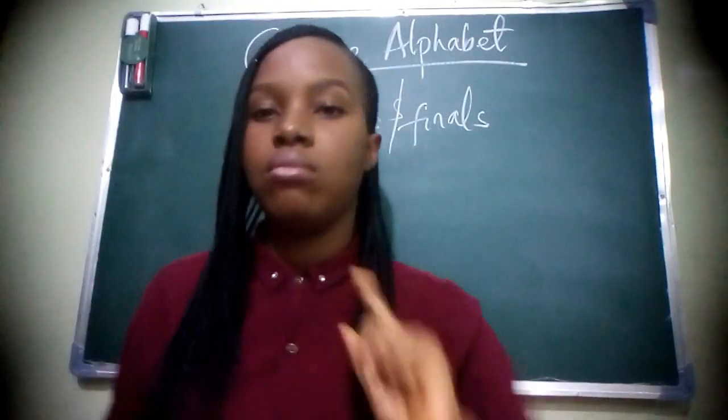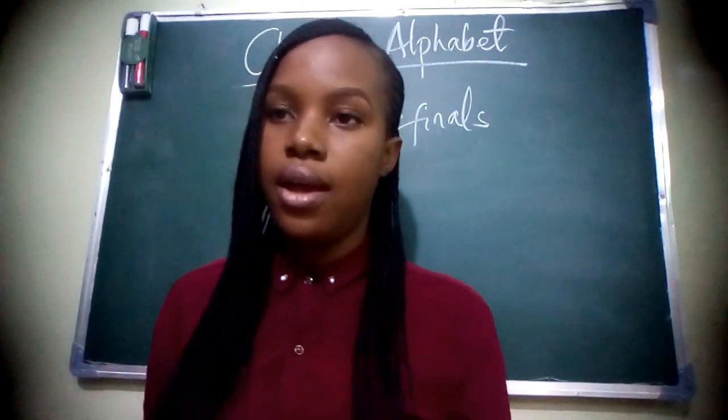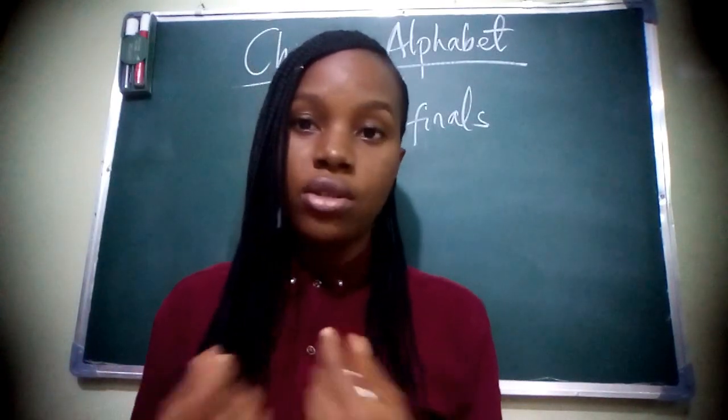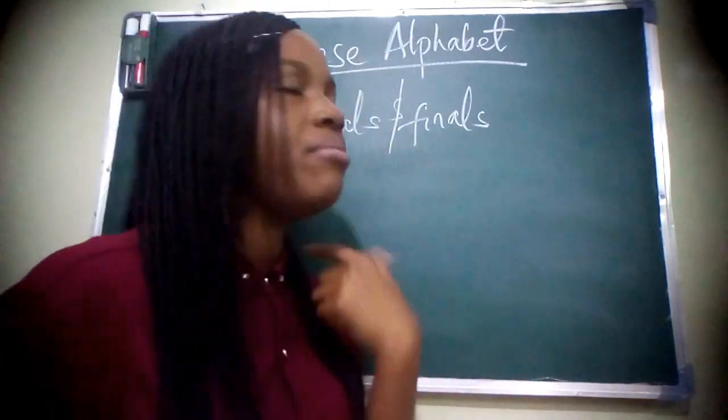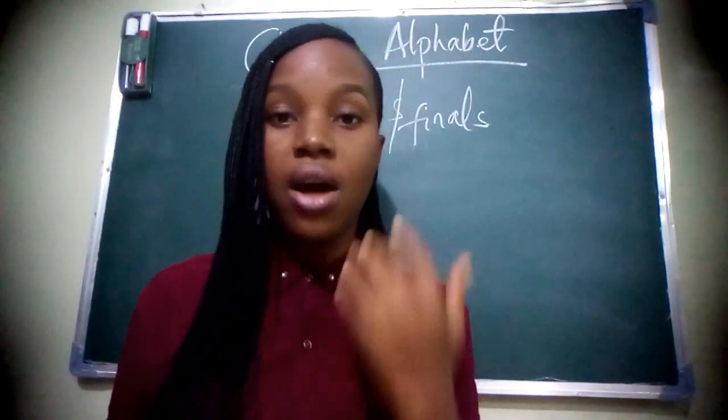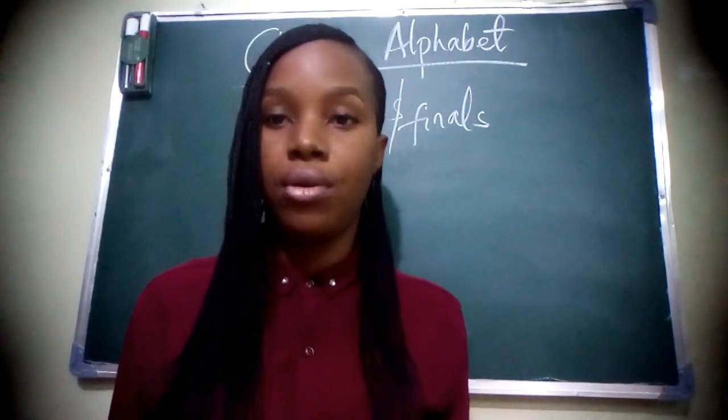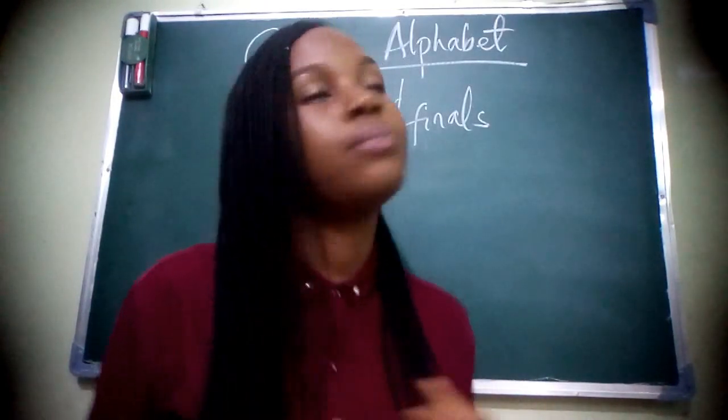The initials are mostly made up of the usual consonant sounds we have in English language, and the finals are mostly made up of vowel sounds, either single or in combination or mixed.